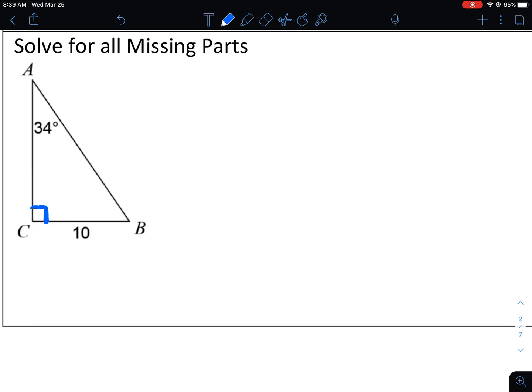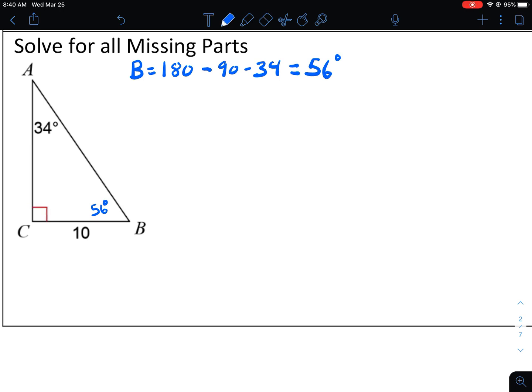I'm going to go find angle B first. All three angles in a triangle should add up to equal 180. So I'm going to subtract from 180 the 90 and the 34. And that's going to give me angle B, 56 degrees.